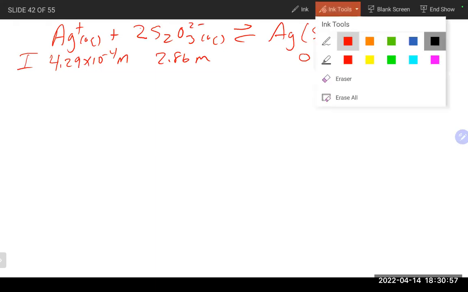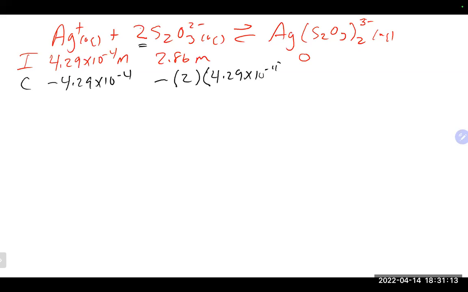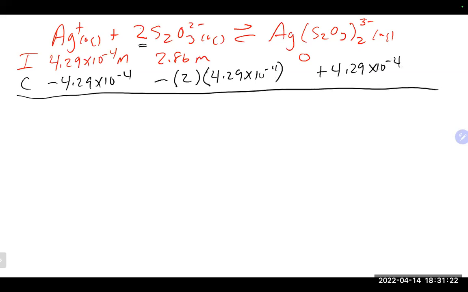Our change will be minus 4.29 times 10 to the minus 4, minus, again, we need to take the 2 that is there for the coefficient and times it by the 4.29 times 10 to the minus 4. And on this side, it would be just plus 4.29 times 10 to the minus 4. Any questions on that part there?